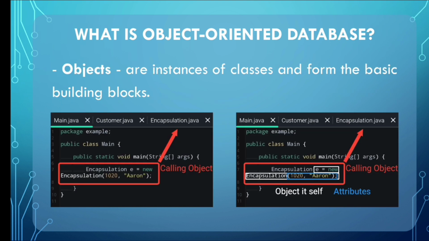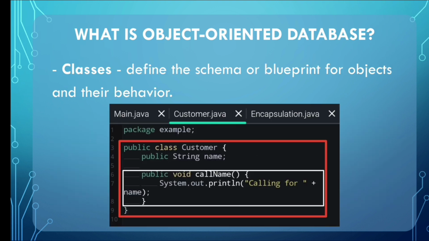So first we must have the object. Objects are instances of classes and form the basic building block. So as you can see here, the example, that is the object. By the way, I'm using Java and that's my main programming language. So next is classes.